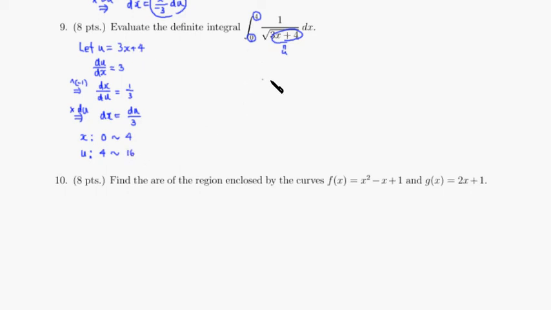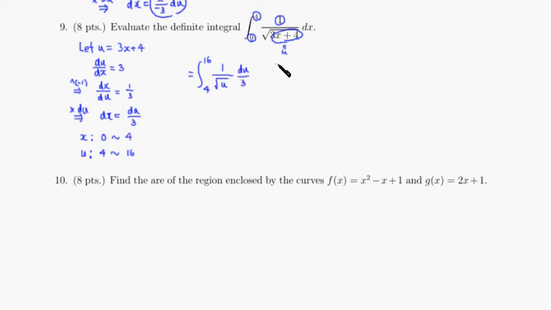Now we can rewrite the integral. The integral becomes the integral from 4 to 16 of 1 over the square root of u, and dx is du over 3.